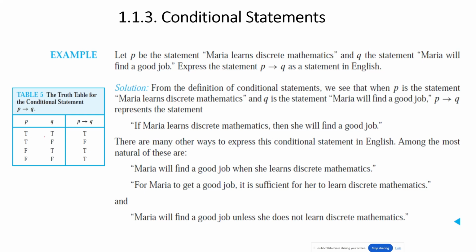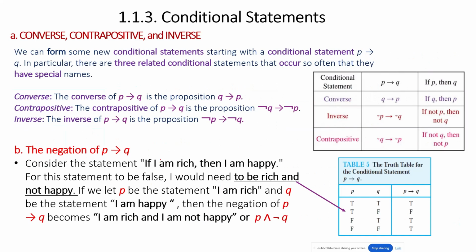This is the first part over here. There may be a way to express this condition in English. Among them, Maria will find a good job when she learns discrete structures. They just try to explain this in different ways. They're talking about this case over here. All right.